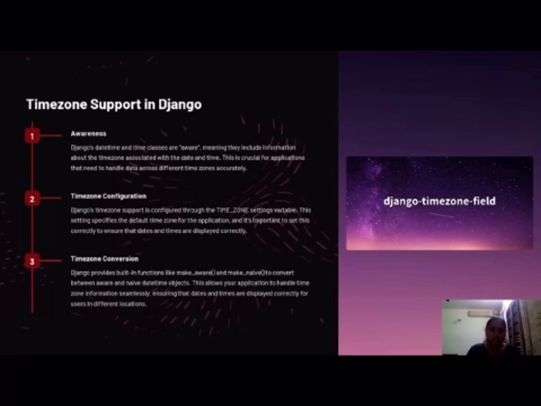This setting specifies the default time zone for the application, and it's most important to set this correctly to ensure that date and time are displayed correctly. Time zone conversion. Django provides built-in functions like make_aware and make_naive to convert between aware and naive datetime objects. This allows your application to handle time zone information seamlessly, ensuring that dates and times are displayed correctly for users in different locations.